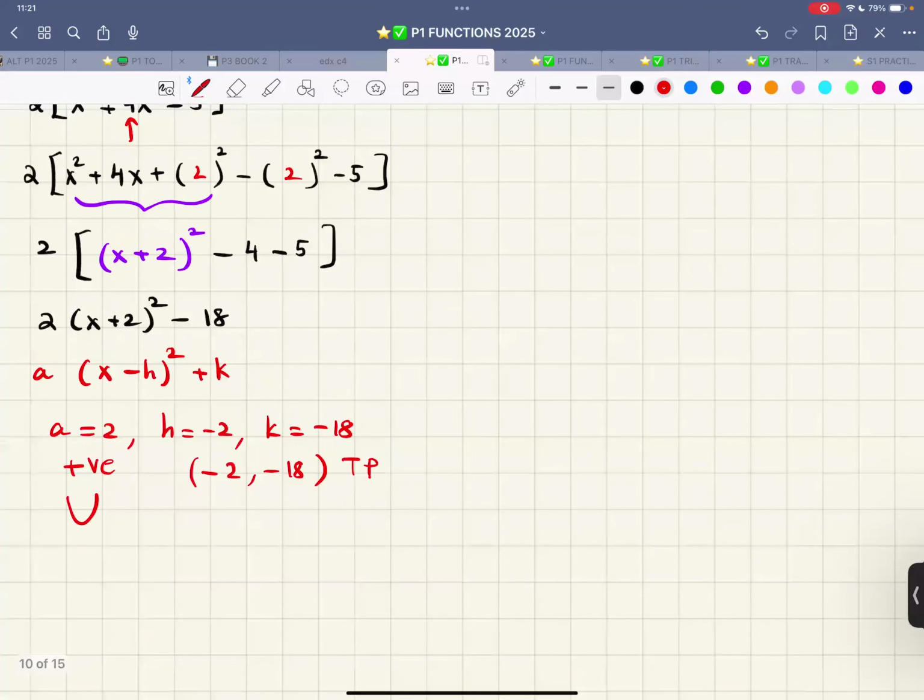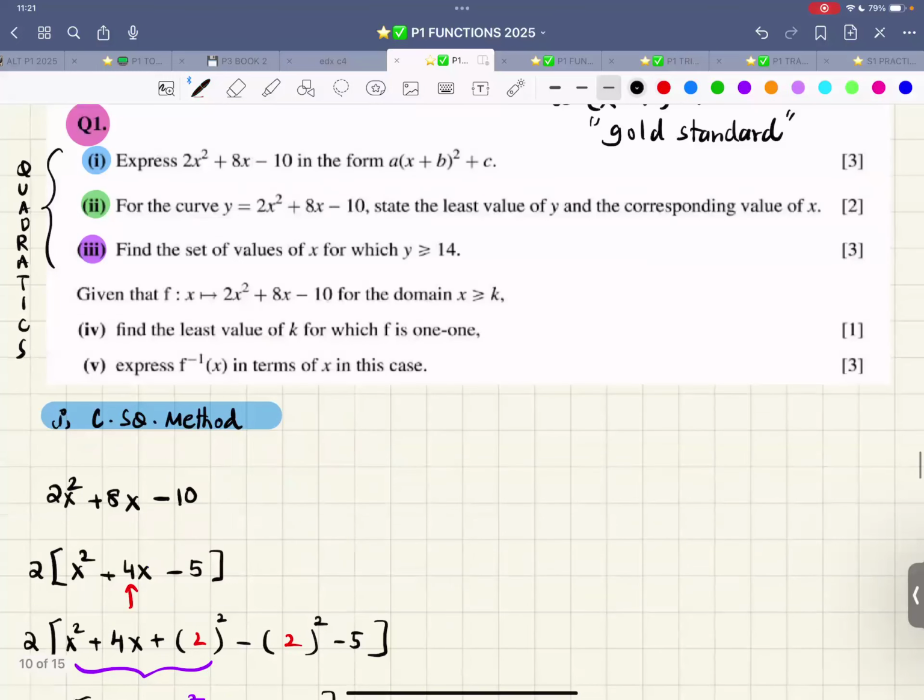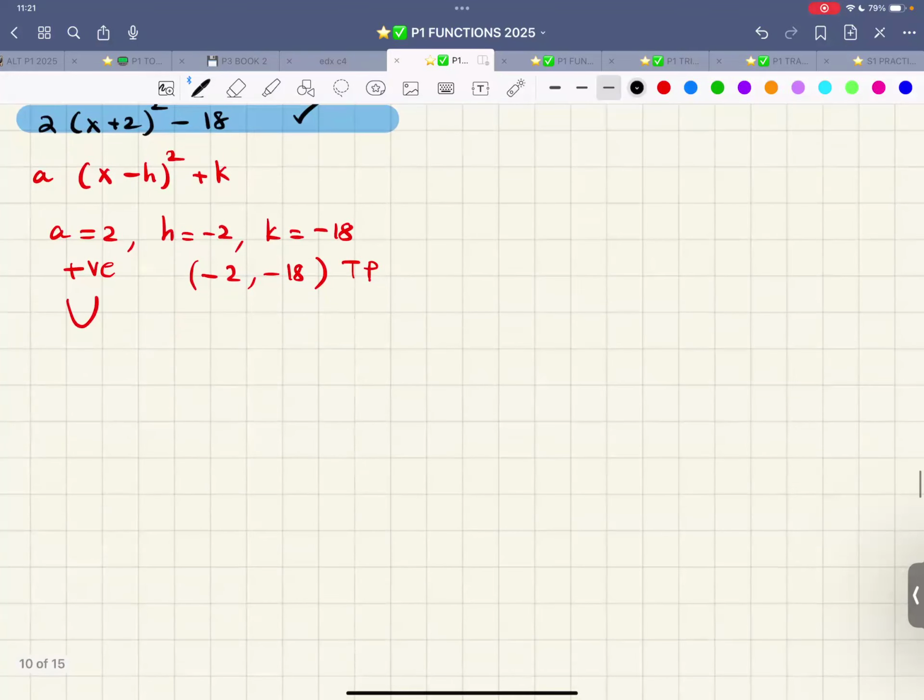Now, first of all, the first part was done and dusted, up till here. Now, why am I doing this? Because it is related to the second part, which says for the curve, state the least value of y and the corresponding value of x. It is about the turning point, and for the turning point, you need this. So basically, the working for part 2 starts from here.